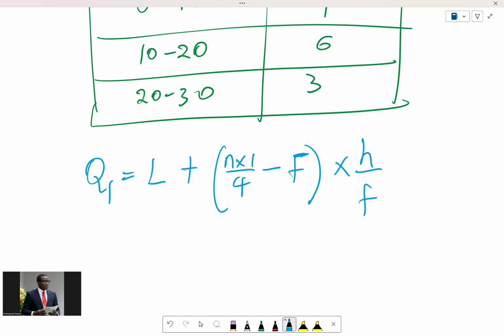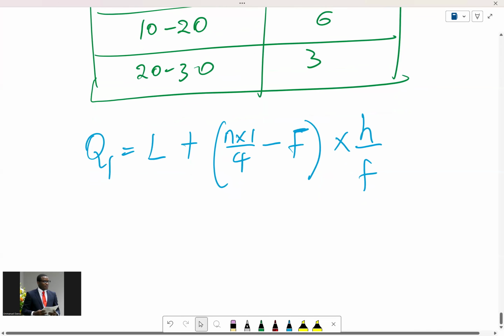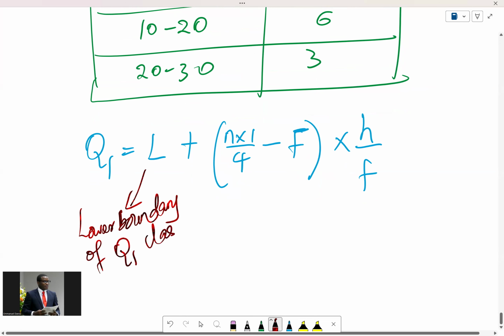So again, don't forget, this is the lower boundary of the Q1 class. Q1 class is the class to which Q1 should belong.